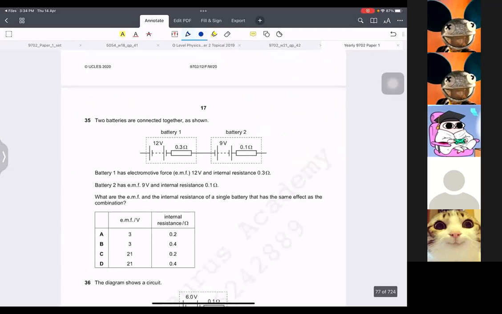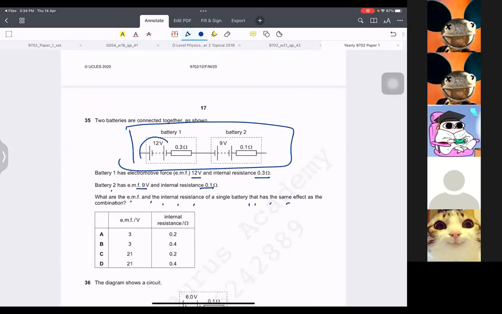Now we have battery 1 with electromotive force 12 and internal resistance 3, and battery 2 with EMF 9 and internal resistance 1. What is the EMF and internal resistance of a single battery that has the same effect as the combination? If we combine these two batteries, you might see that the positive of one is here and the positive of the other is on the other side, so they're connected opposite to each other.